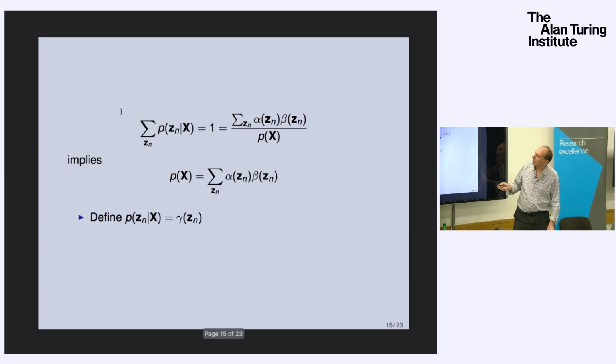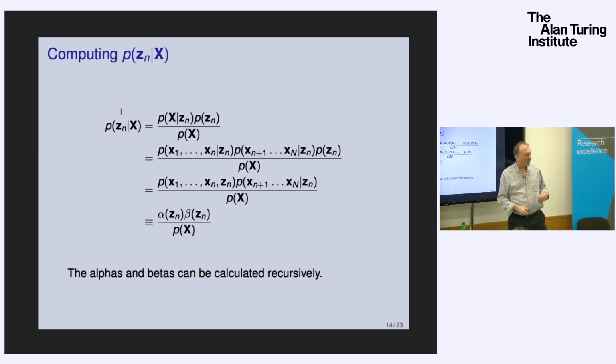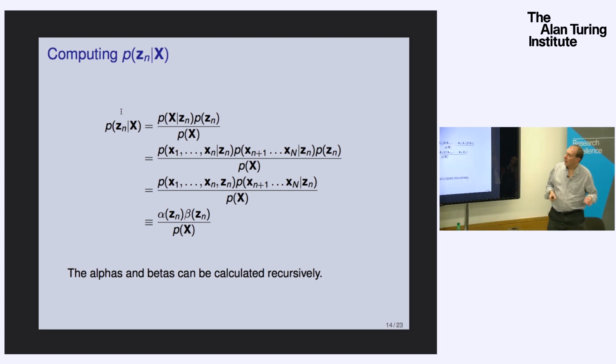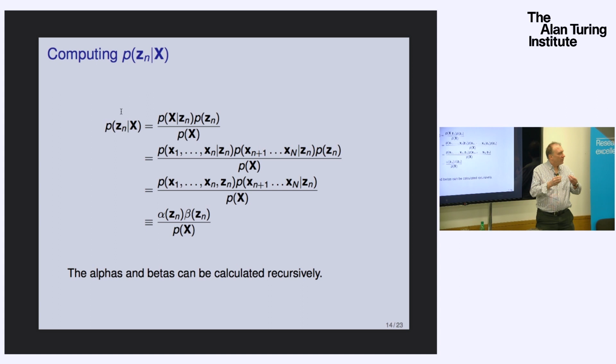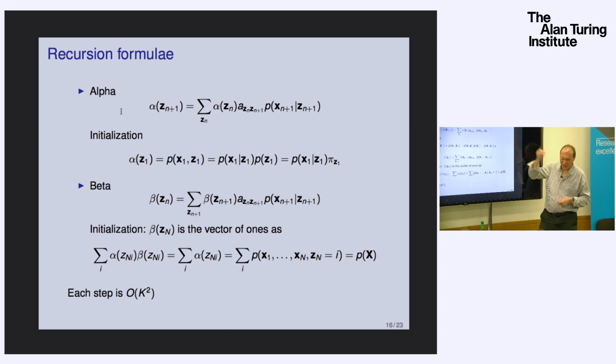If you take the definitions of the alphas and betas, say alpha of Zn is P of x1 up to xn and Zn, and you then replace that by alpha of n plus 1 and pull apart that thing, depending on the Zn's, introducing Zn and marginalizing it out, you can obtain these recursions. So we can recurse the alphas forward from initialization here. We know alpha of Z1, which is nice and easy to calculate.